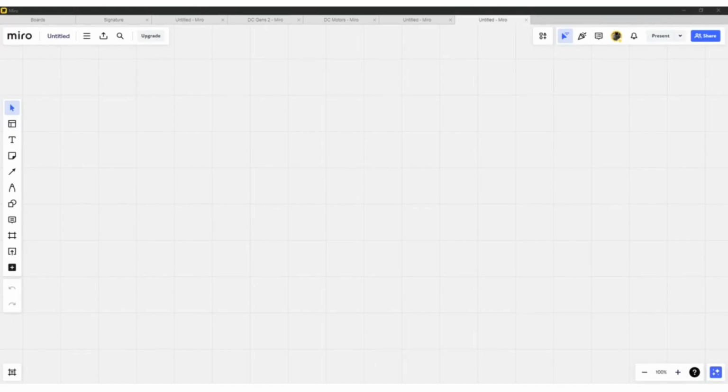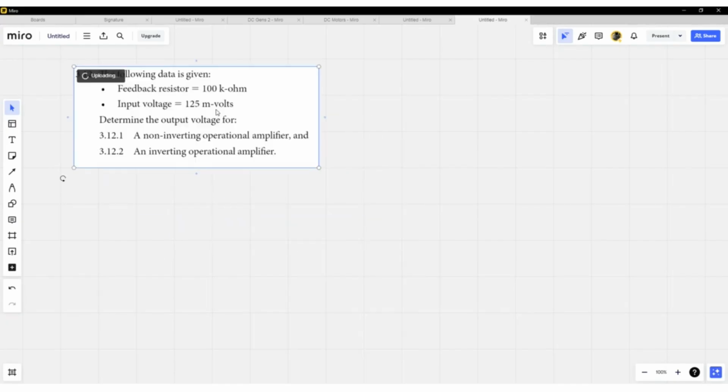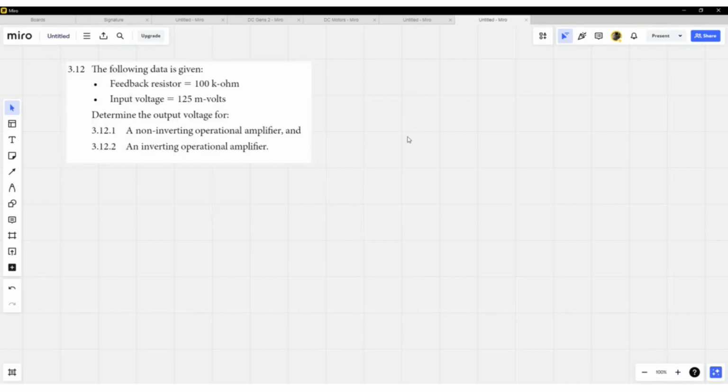So exercise 3.12 is what we're going to look at first. It's going to look like I'm jumping back and forth because the textbook has some of the material in a weird order, so bear with me.